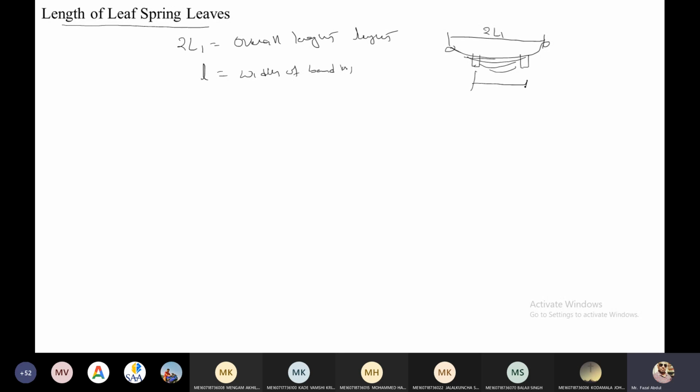This distance is referred to as l, distance between the U-bolts. So l means first the width of the band, second the distance between the U-bolts, and third, small l means it is the ineffective length of the spring.